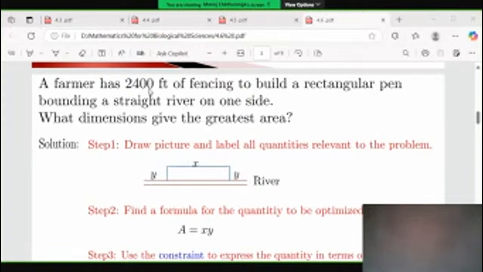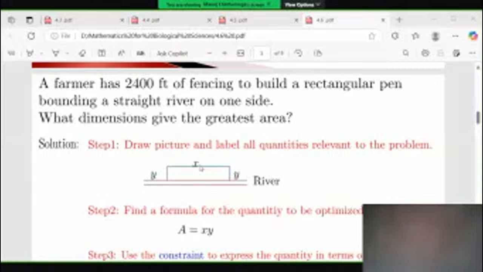Let's say his farmland is huge, so he has enough land, but not enough material to cover the whole thing. So he wants to cover a part of his farmland, maybe to raise some animals here, maybe to grow some plants. I don't know.